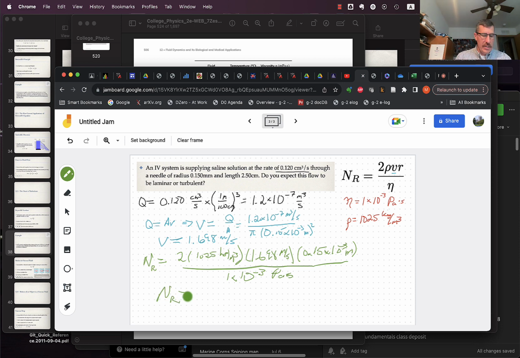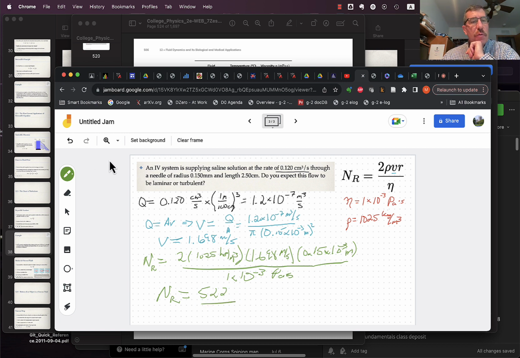So I plug all that in: 2 times 1,025 times 1.698 times 0.15 times 10 to the negative 3, divided by 1 times 10 to the minus 3, gives 522. The Reynolds number really is just a number, so if you look at the units, all the units cancel out.